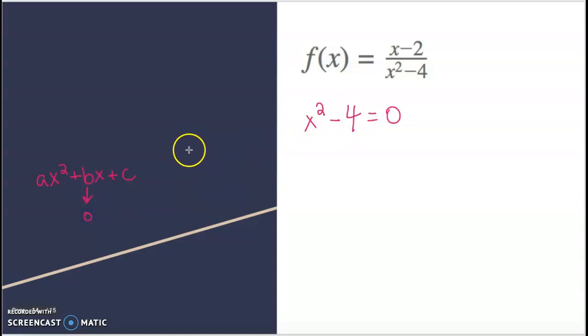So when I multiply to AC, I'm basically figuring out what multiplies to -4 and then adds to 0. And so that would be a 2 and a -2. So this factors into x plus 2 and x minus 2.